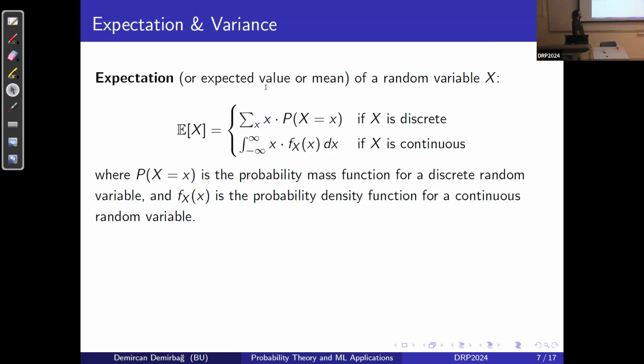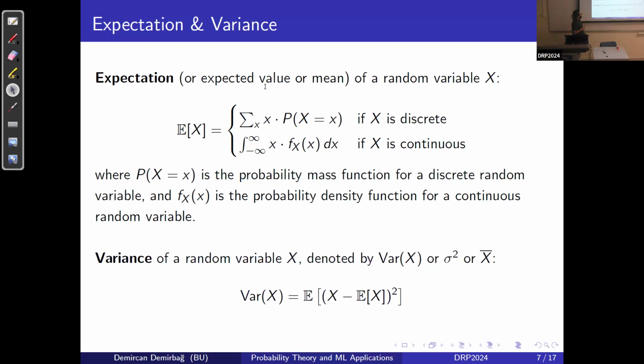Our next definition is going to be the expectation, or the mean value, of something. The mean value of an experiment is calculated by multiplying possible outcomes with corresponding probabilities and summing over all of the outcomes. And now we know the definition of expectation.